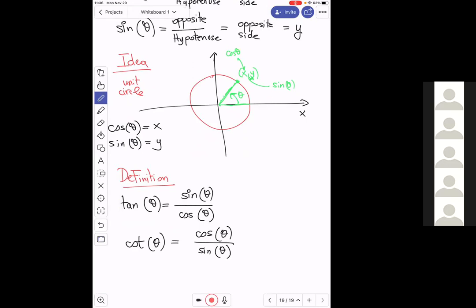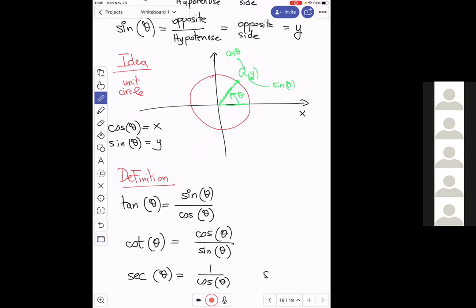There's also one over cosine, that's called the secant of theta, 1 over cosine of theta.